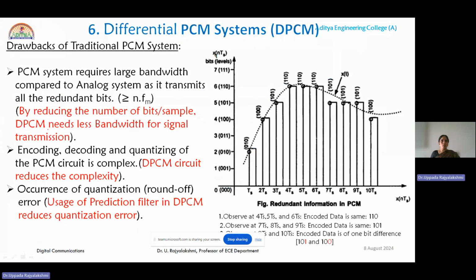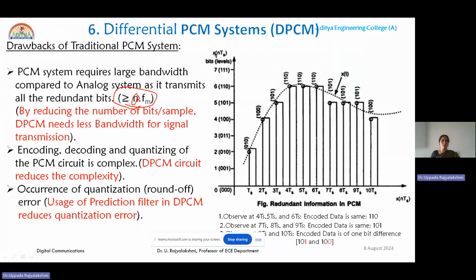So coming to the PCM system, we have calculated that the bandwidth required for the PCM system is n into fm, where n is the number of bits grouped per sample and fm is the maximum message signal frequency. So with this, we can conclude that the PCM system bandwidth is completely dependent on the factor n.